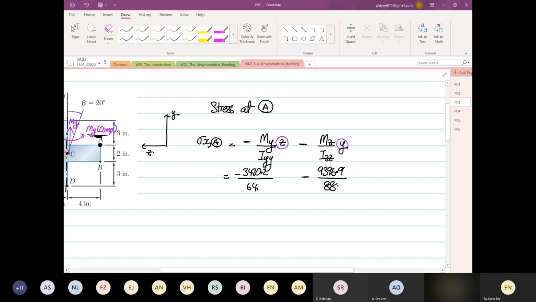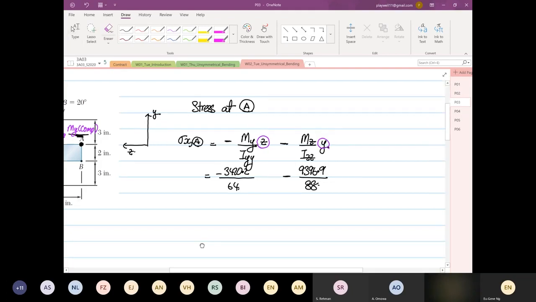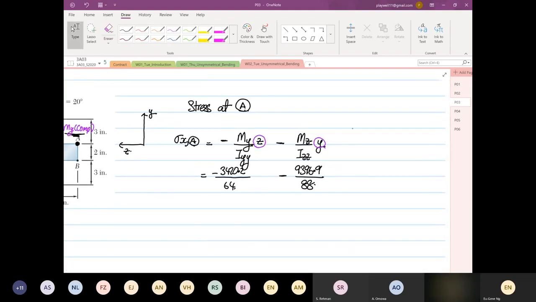Z and Y. So we know that the Z and Y distances are from the centroid.